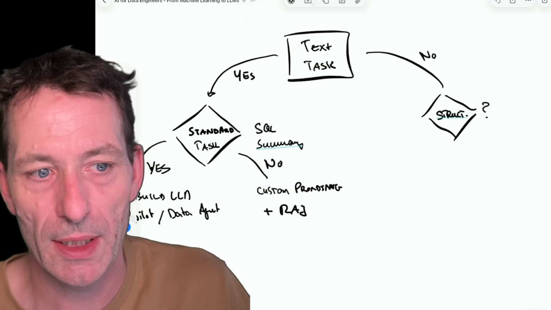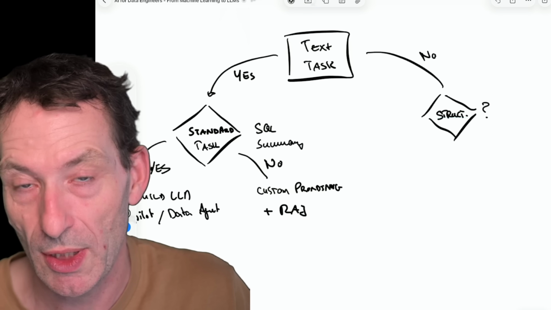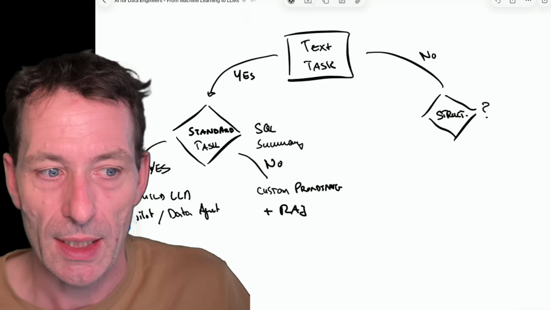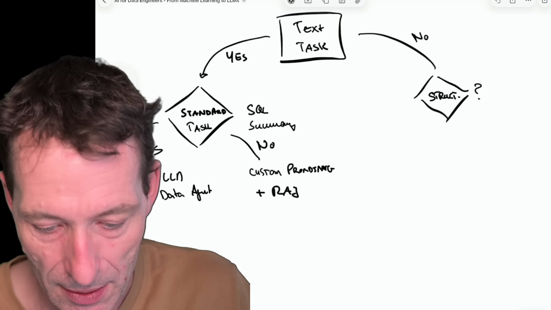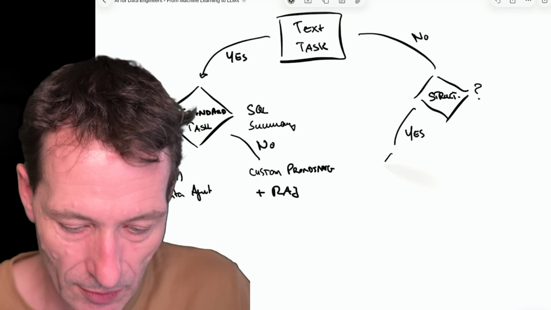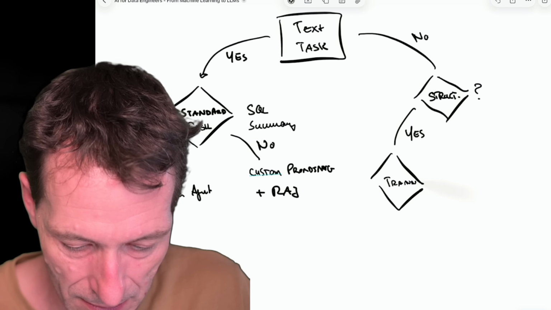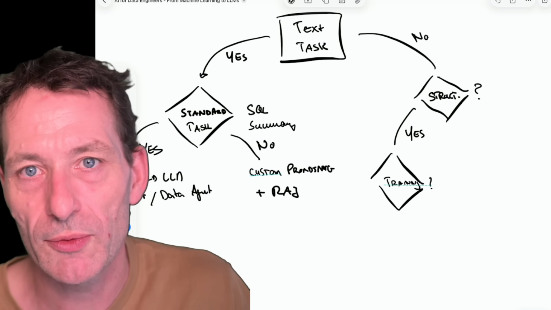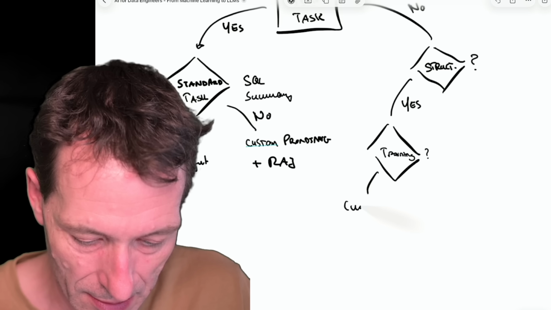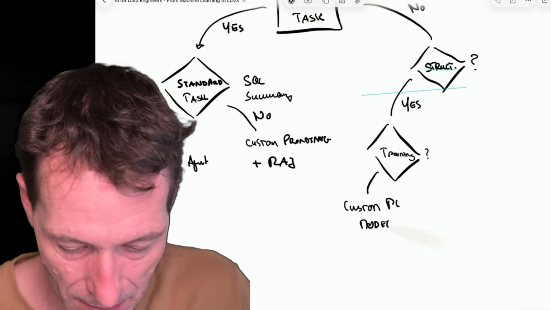Do you have a custom text that you need to process, or custom files that you need to process, something like that? So if you answer yes, then the question is, do you have training data? Do you have data to train your potential model? If yes, then you are in custom ML models.